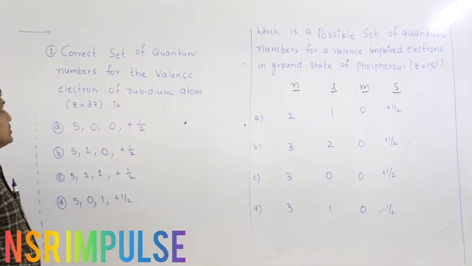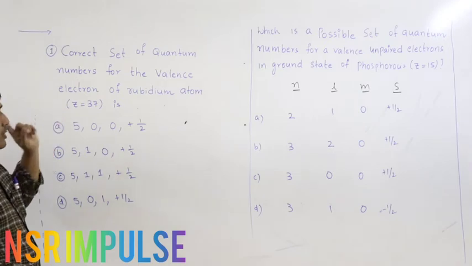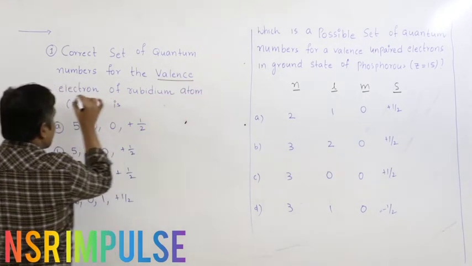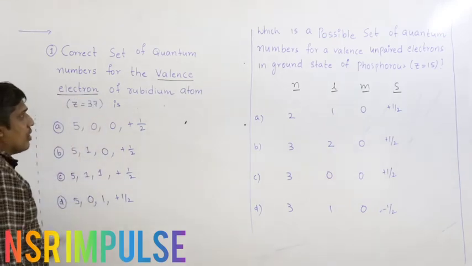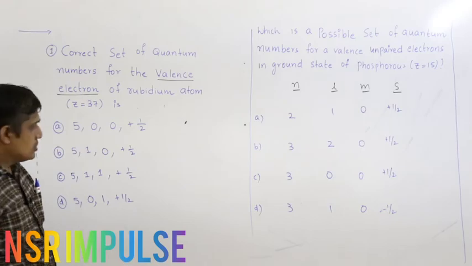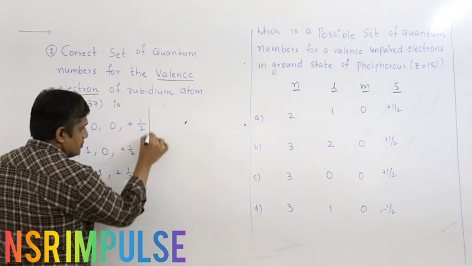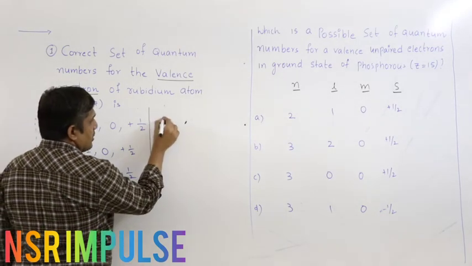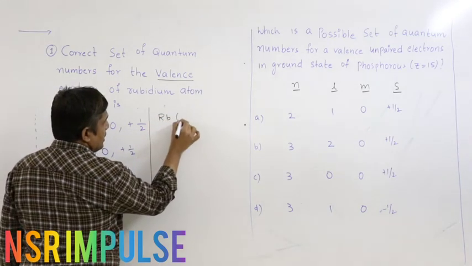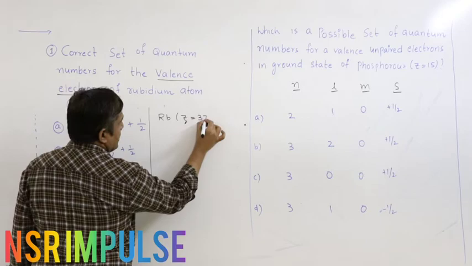Let us do some problems. Find the correct set of quantum numbers for the valency electron. What do you mean by valency electron? The last electron of the rubidium atom. Its atomic number is given. First let us write the electronic configuration. Rubidium, Z equal to 37.